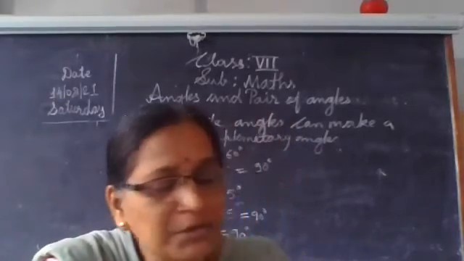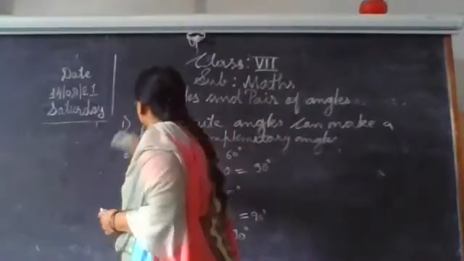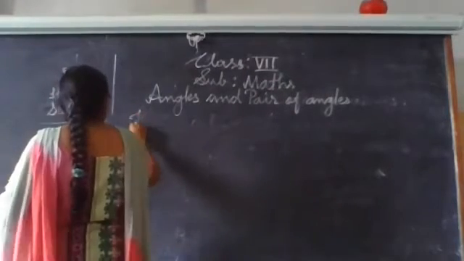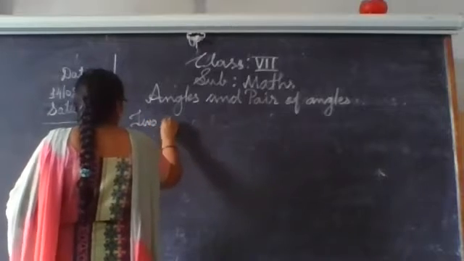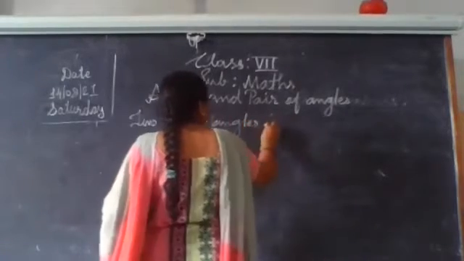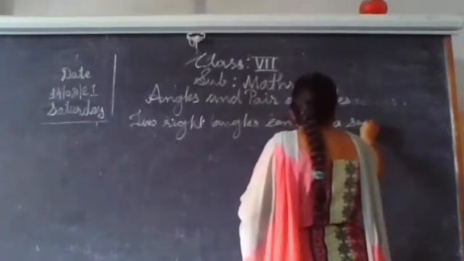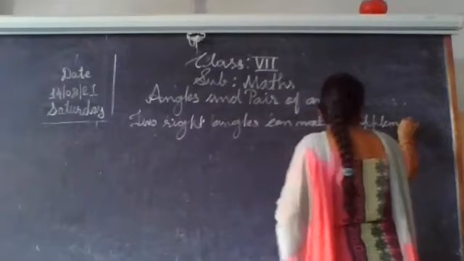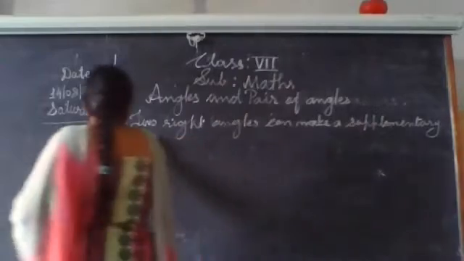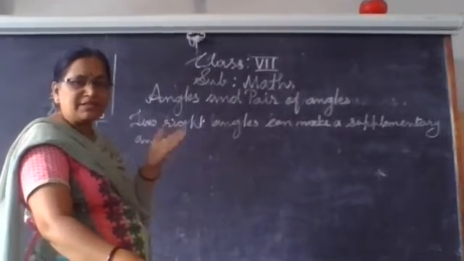Two right angles can form a pair of supplementary angles. Two right angles means the measure of each is 90 degrees, and 90 plus 90 is 180.